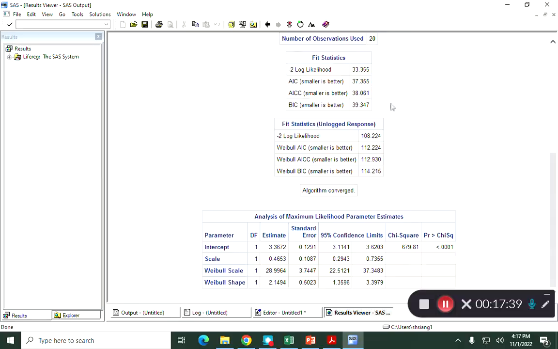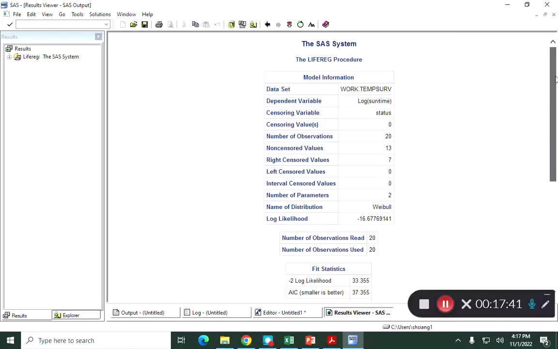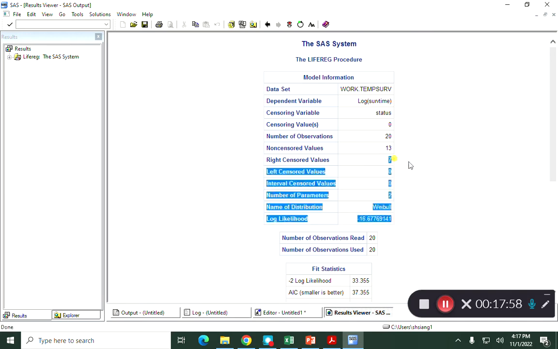Okay. So when you're done, you will have this data set, have 20 observations. The censoring variable is using 0 for censor. And right censor value, we have 7 censor, 13 non-censor, and we didn't do any left censor, okay?